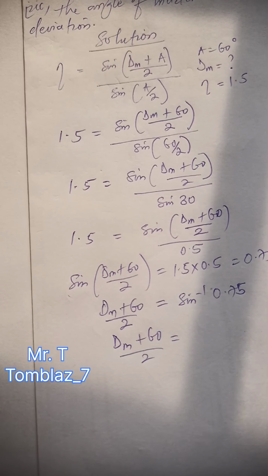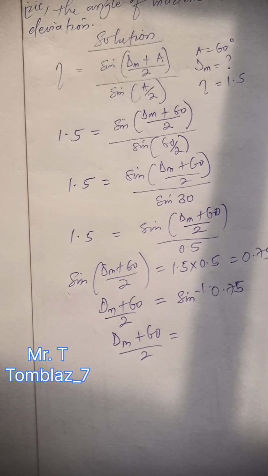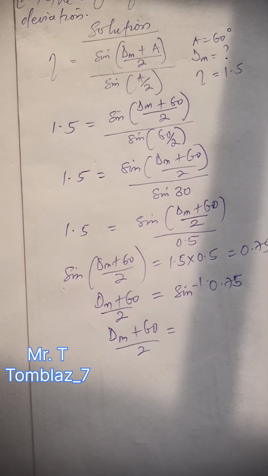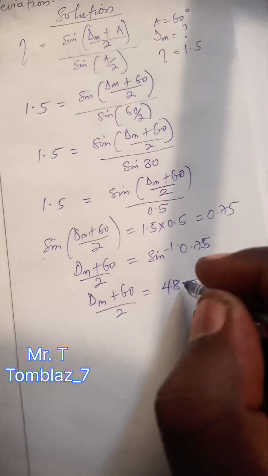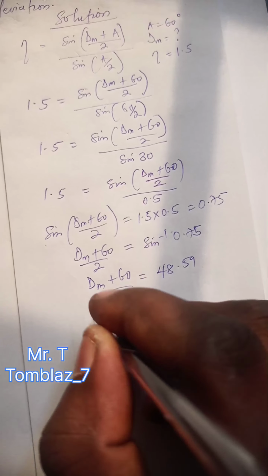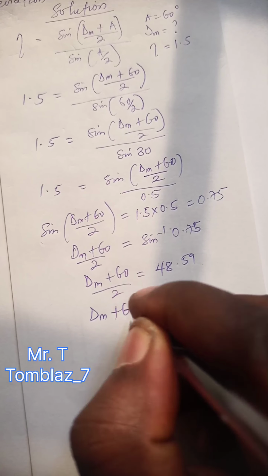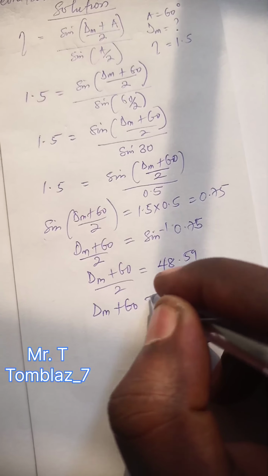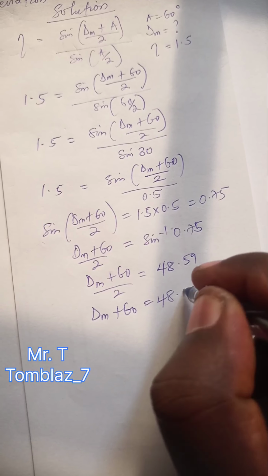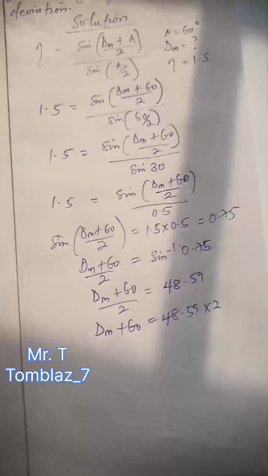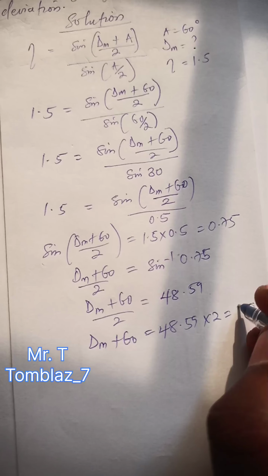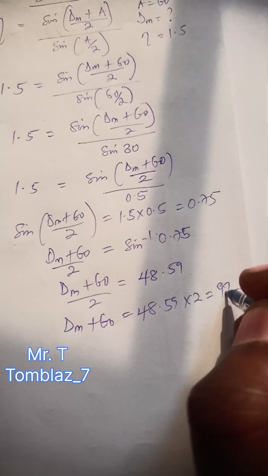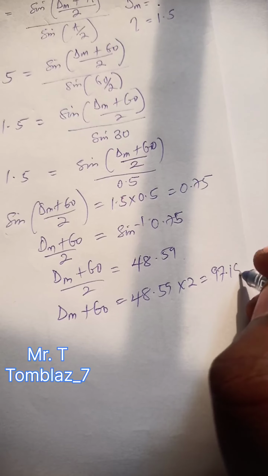So let's see, arc sine of 0.75 will give you 48.59. So Dm plus 60, if we cross multiply, this 2 will go there, so it will be 48.59 times 2. So multiply that by 2, it will give us 97.18.